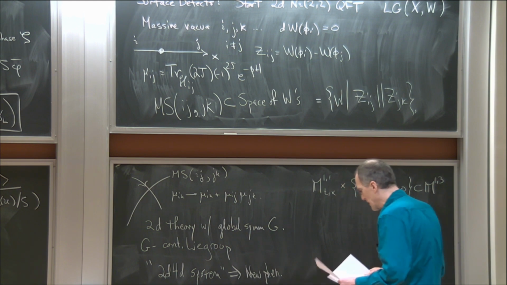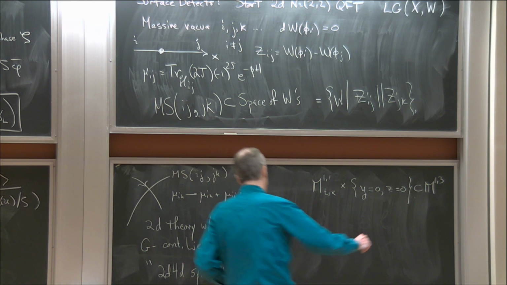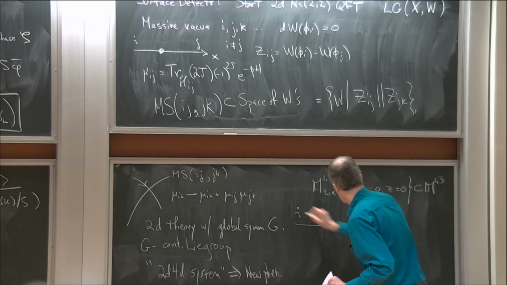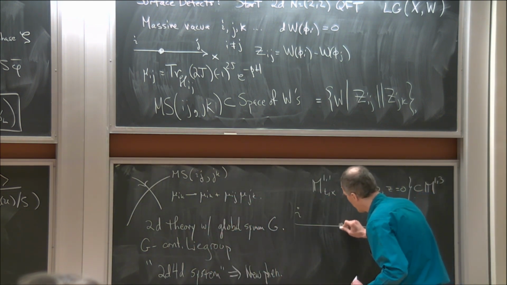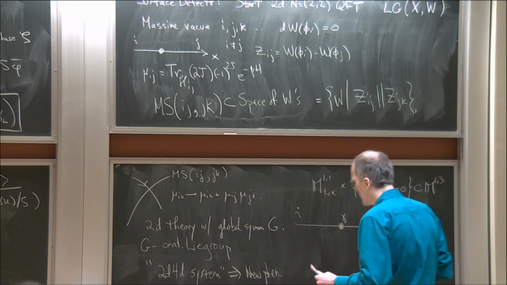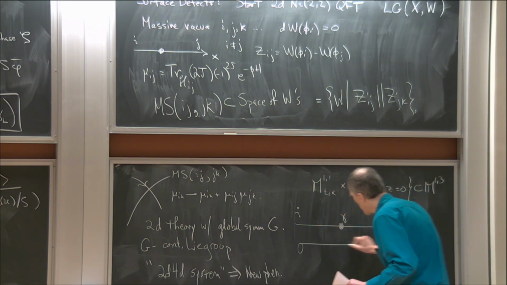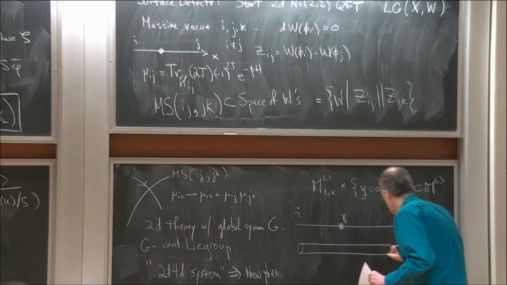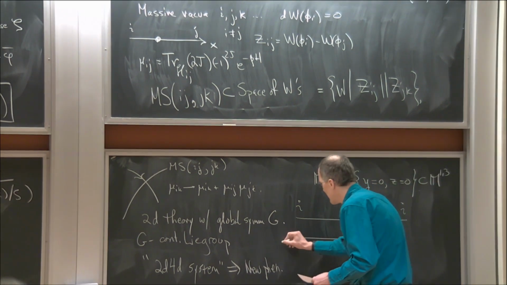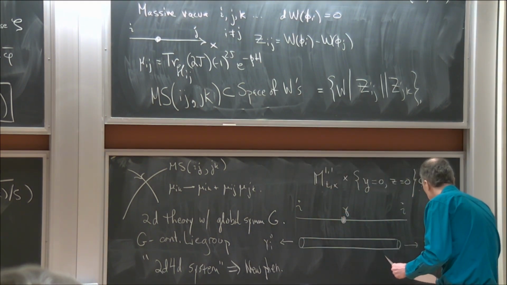One of the main new phenomena that we can get is we can have new kinds of BPS solitons that look like this. We have the same vacuum i here and i here, and a 4D BPS particle bound to this line, the surface defect. In fact, we argue in our paper that it's good to think of this surface defect as a kind of solenoid that can carry fluxes of the 4-dimensional abelian gauge theory.